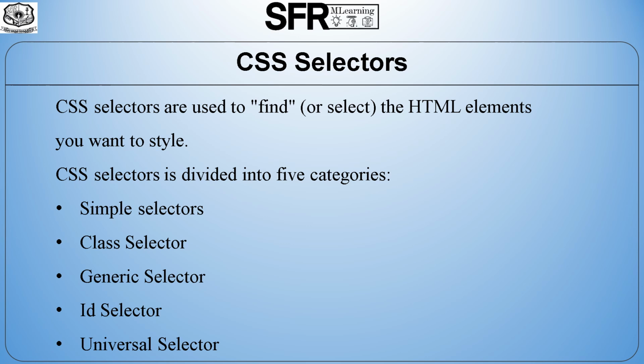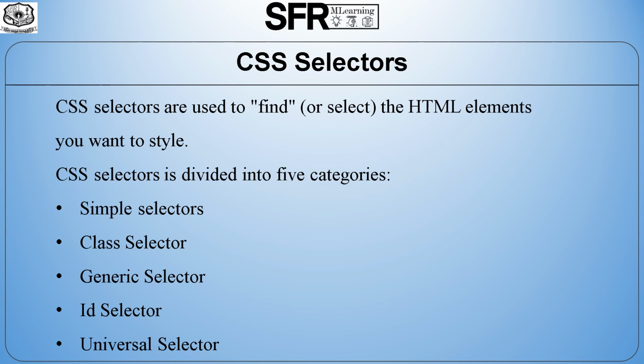Now let's see CSS selectors. CSS selectors are used to find or select the HTML elements you want to style. For example, in a class full of students, if a teacher has to pick any one of the students to answer the question, how will the teacher do that? Obviously, the teacher will call upon the student's name because every student has a name, and finally ask the question.